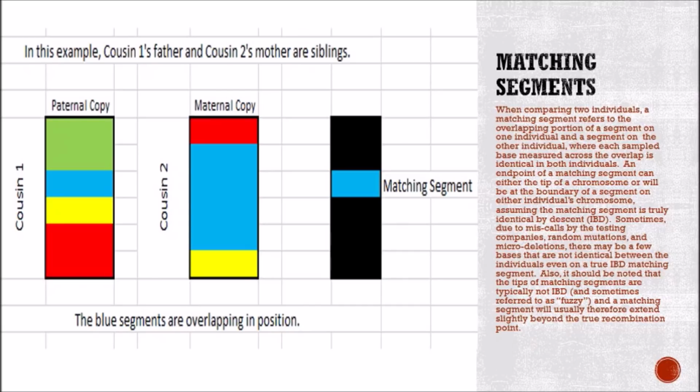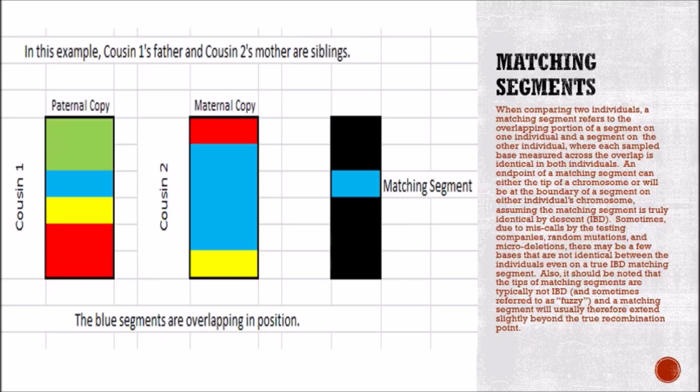So also it should be noted that the tips of matching segments are typically not IBD. And by tips, this is what we mean when we say fuzzy edges of segments. The theoretical matching segment here is that one blue part where they overlap.